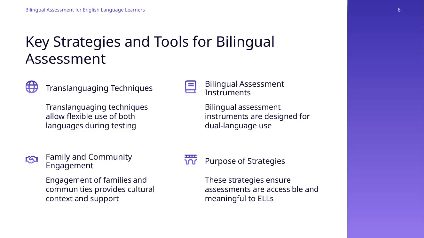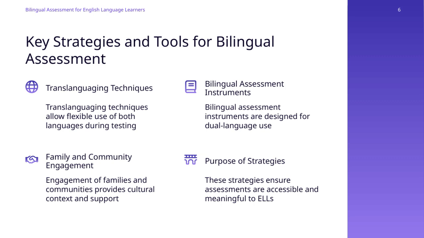When we talk about key strategies for bilingual assessment, one important approach is translanguaging techniques. This means allowing students to use both of their languages flexibly during testing, which helps them demonstrate their true understanding without language barriers getting in the way. Next, bilingual assessment instruments are specifically designed to be used in two languages, making the evaluation more accurate and fair for bilingual learners.